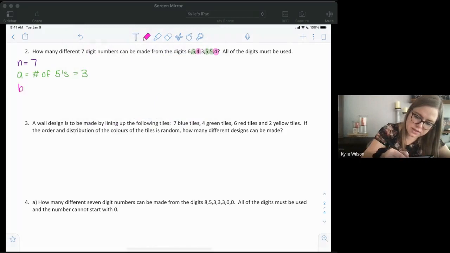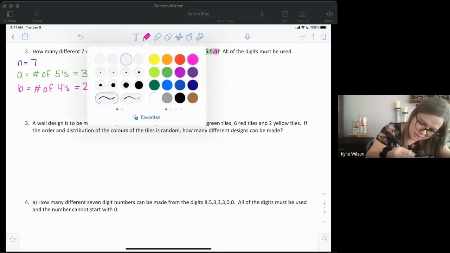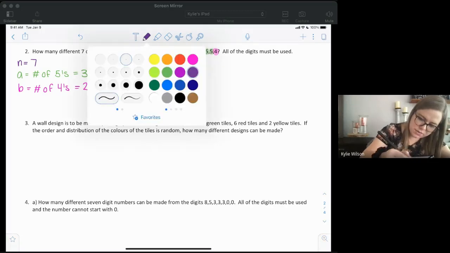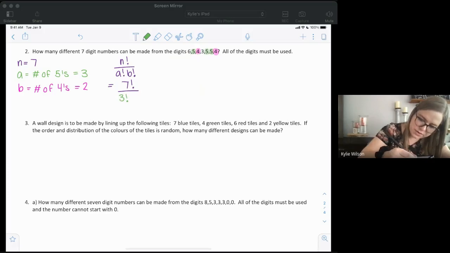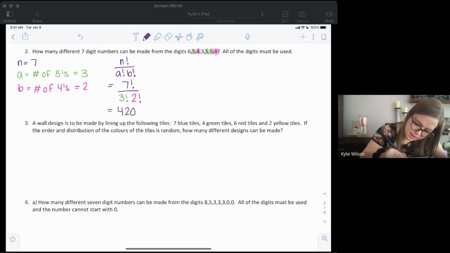So that means b will be our number of 4s, and that will be equal to 2. So now, using the formula, n factorial all over a factorial b factorial, I will have 7 factorial all over 3 factorial for the 5s and 2 factorial for the 4s. So if I put all of that into my calculator, I get 420 different options.